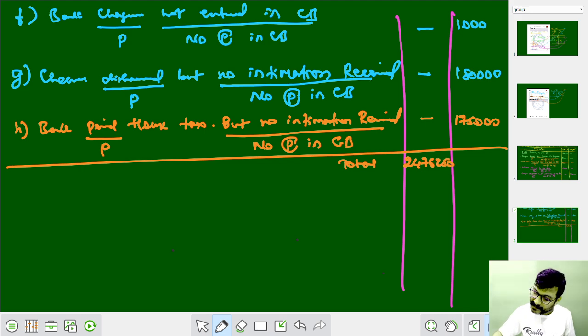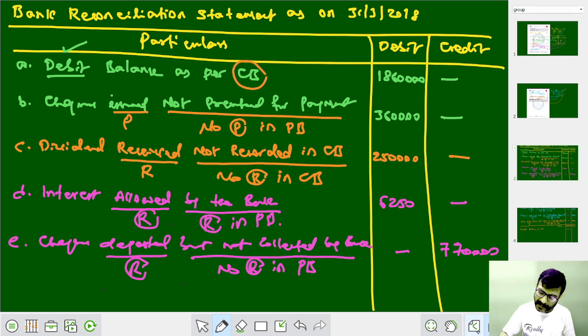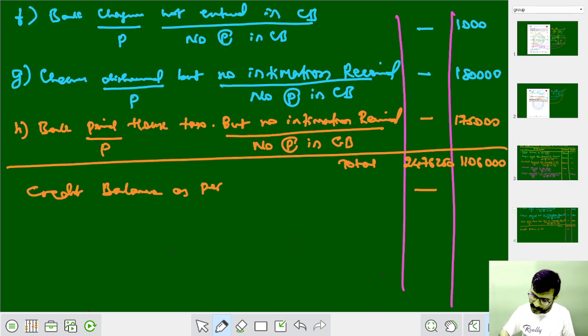Credit side total is 11 lakh 6,000. Now what side is less? The credit side. What do we have to write? We have to write credit balance as per, see, you started with cash book, now you have to end with passbook. Subtract these two, you are getting 13 lakh 70,250. See, this is how we have to do it.